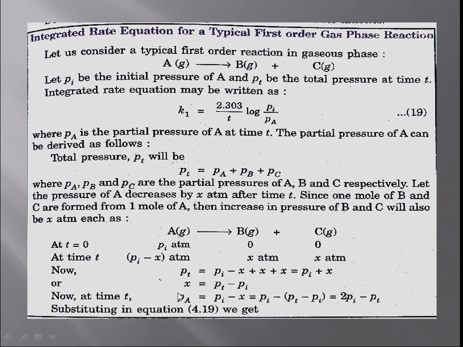If we want to determine the value of Pa, that is equal to Pi minus x, we have to put the value of x here. So Pa is equal to 2Pi minus Pt. So we can replace the Pa in equation number 19 by 2Pi minus Pt. So K1 for the gaseous first order reaction will be 2.303 upon t log Pi upon 2Pi minus Pt.